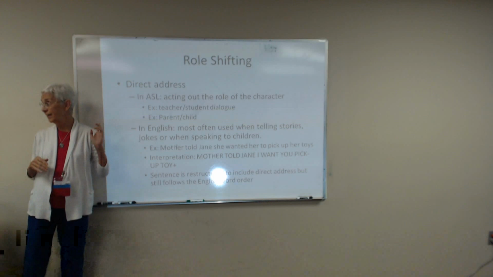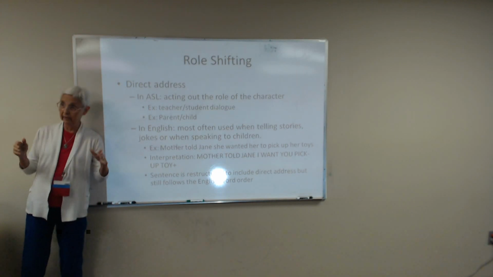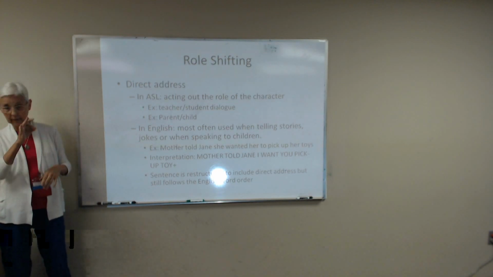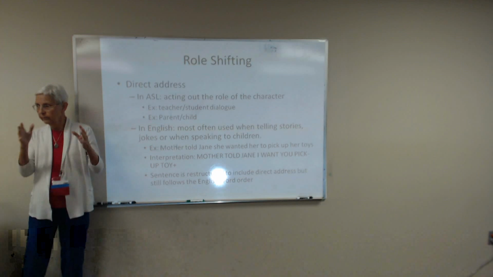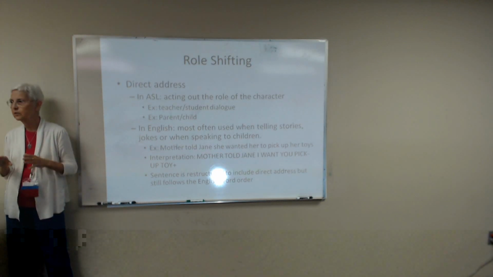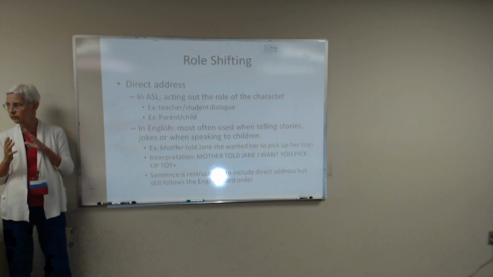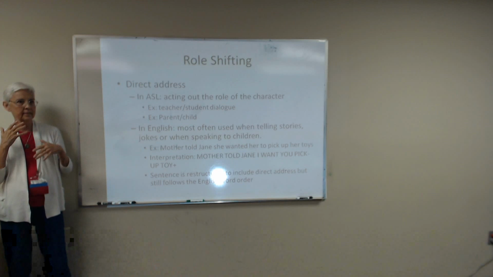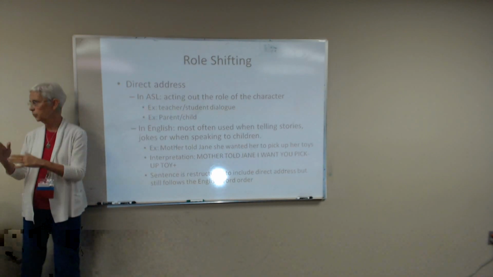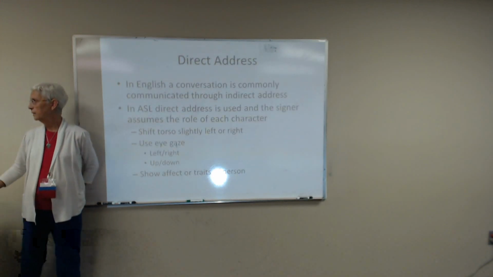In true ASL, you would probably set up Mother, Jane, toys, Mom told her to pick up. So in true ASL, we move it all around. But to transliterate, you can still use that character shift, become the mom, and say it like you would if you were the mom, but still keep that English word order.